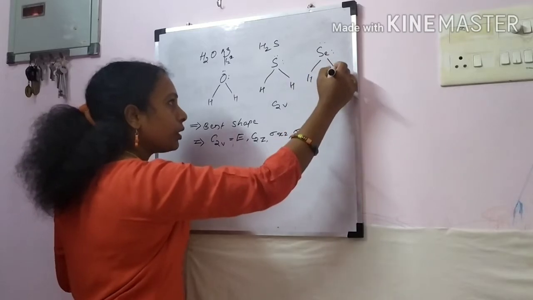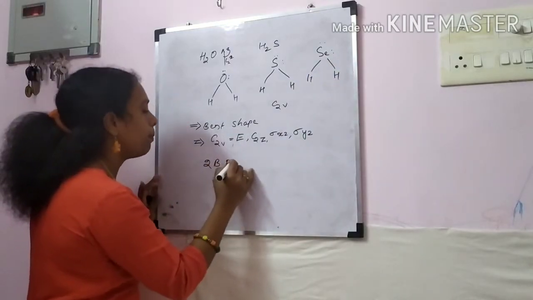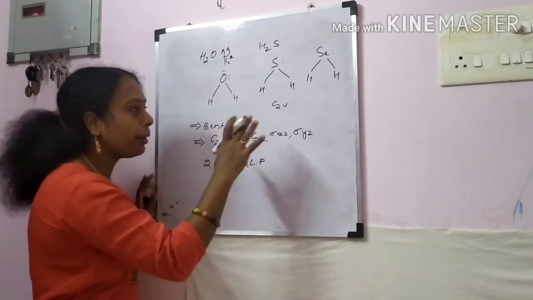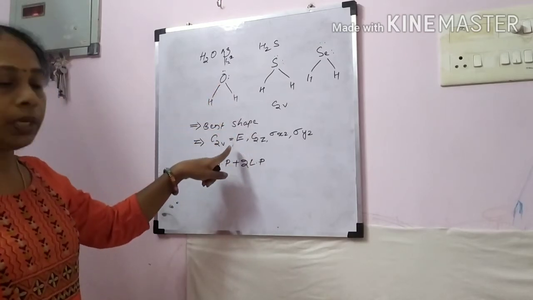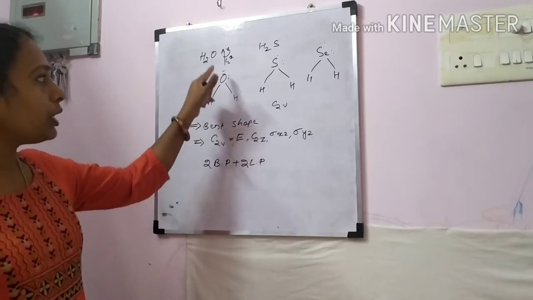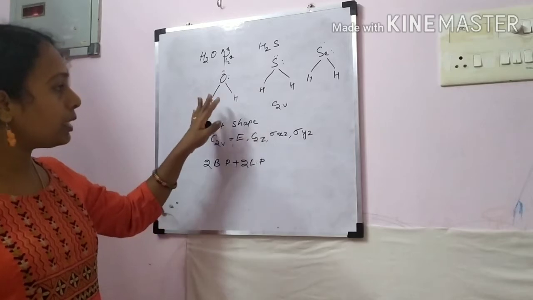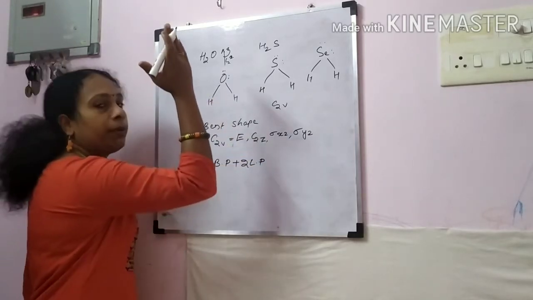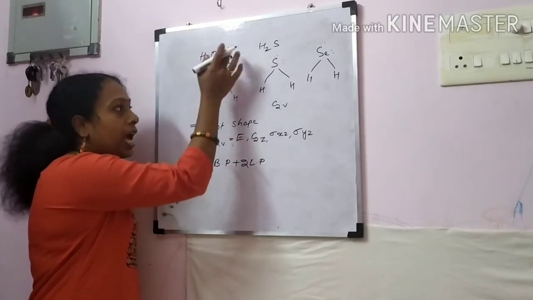In this condition, 2 bond pairs plus 2 lone pairs, this will be a bent shape molecule and it belongs to the C2V point group. E is the identity operation, C2 through the Z axis, and sigma XZ and sigma YZ, where one plane is the molecular plane and one plane is perpendicular, passing through the Z axis.